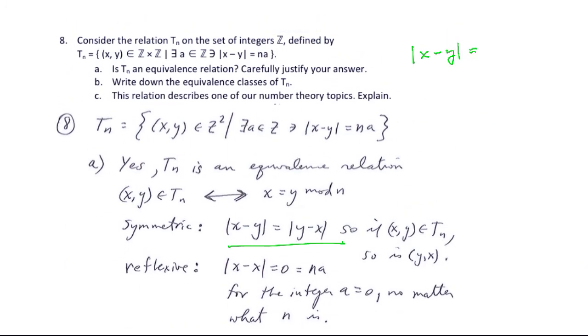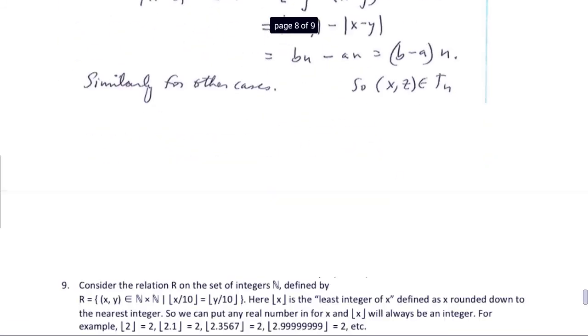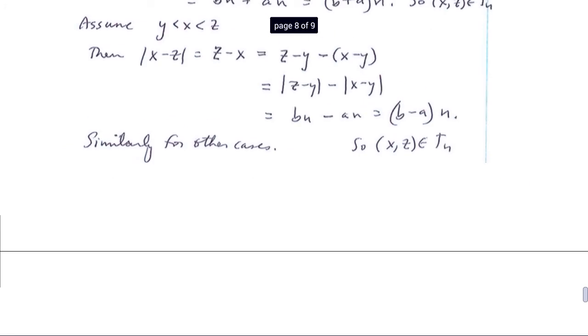Next: write down the equivalence classes of Tn. Oops, I forgot to do that, I guess.